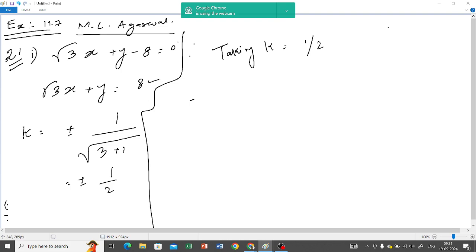Why? Because I need to make this one positive, right? Now root 3 by 2.